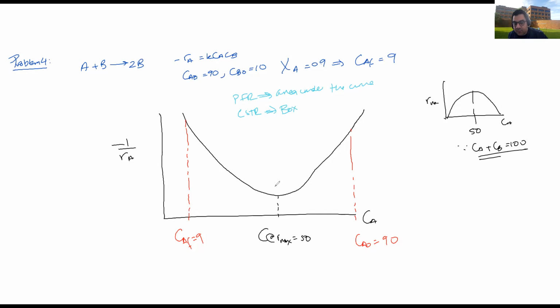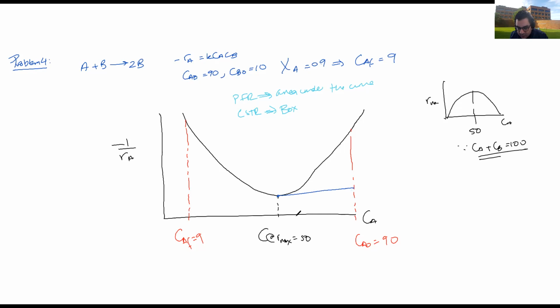However, in this type of scenario, where your initial and final concentrations are on different sides of your maximum, you want to take advantage of the ideas we discussed before. What we're going to do is operate two reactors in series. The first one will be a CSTR, so I'm going to operate a CSTR right here.